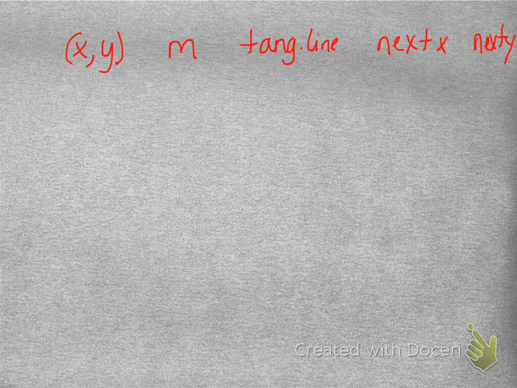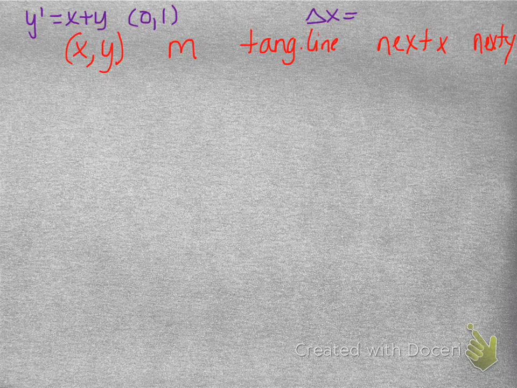So let's say you have a problem, and it says y prime equals x plus y. It tells you that we're going to start at the point (0, 1), and they want the change in x to equal 0.1, and they want to know what y of 0.3 is.